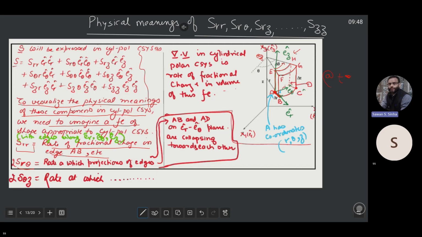All normal strain rate components will be rate of fractional change in edges. But which edges, that you have to identify for me looking at that figure. S theta theta, rate of fractional change in which length edge? You can say EH or you can say AD. Same. All right. SZZ, which one is it? Rate of fractional change of edge, of course. Which edge? That is the only A. Very good. Then we come to SR theta.